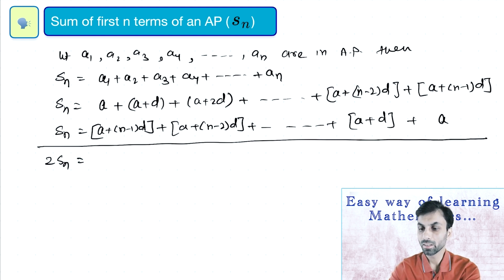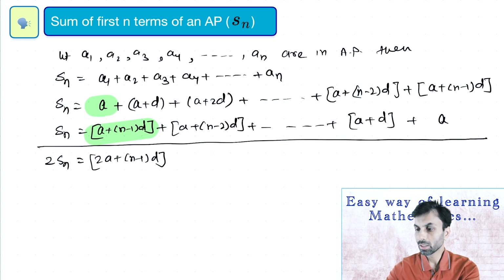Now if we add the first term a and a plus n minus 1 into d, we get 2a plus n minus 1 into d. Further, when we add a plus d and a plus n minus 2 into d, we again get 2a plus n minus 1 into d.